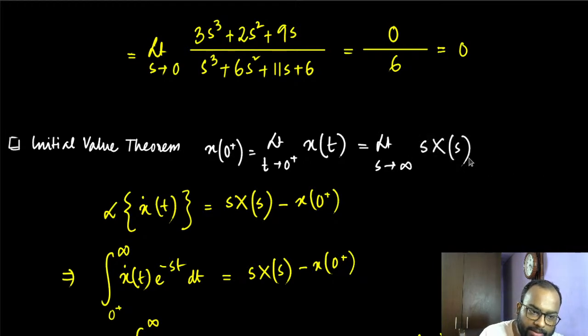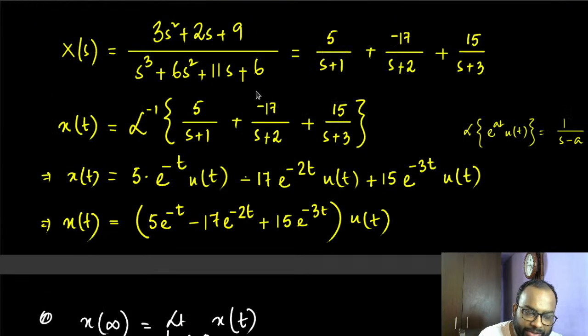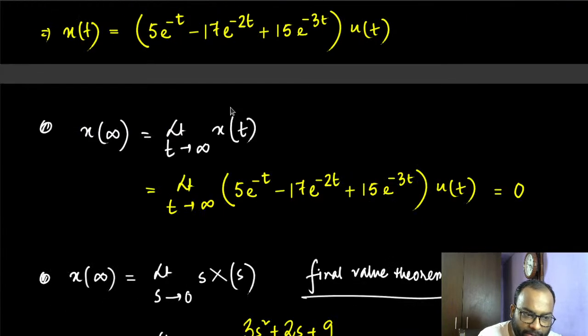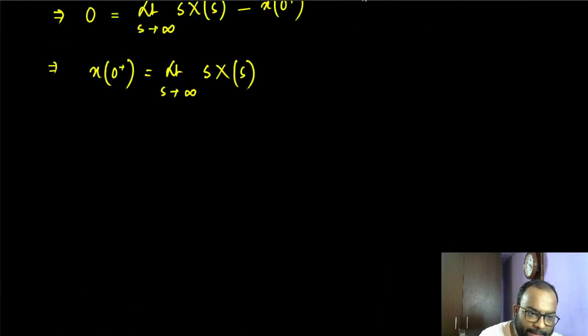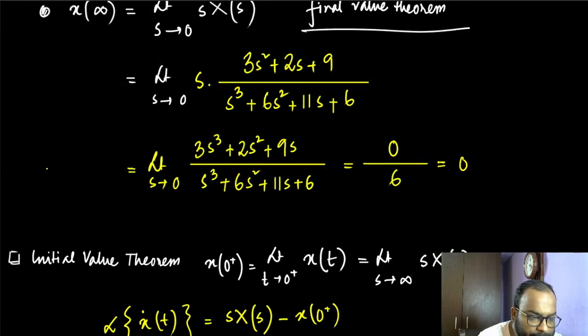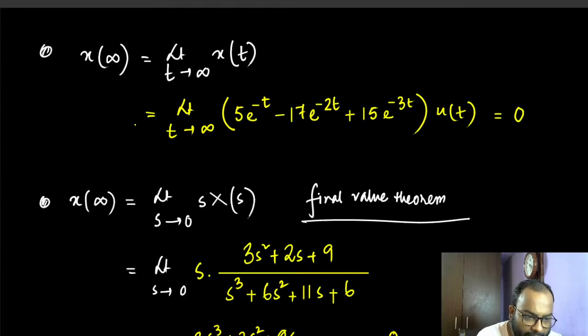Let's once again try to see the application of this using that example. We saw an example; let's see the same example once again. So we want to calculate x(0) essentially.